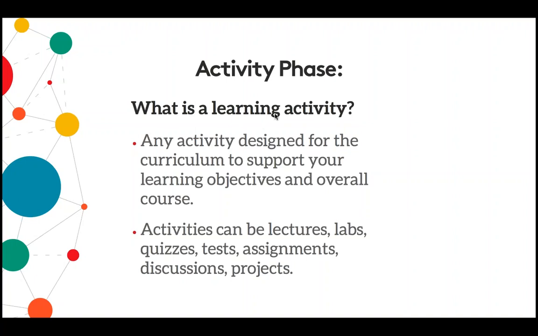So learning activities can be lectures, labs, quizzes, tests, different types of assessments, assignments, discussions, and projects. We call things different things depending on what, one thing could be an assignment, one thing could be a project. But they all share the same kind of makeup. And that makeup is they need to be meaningful.